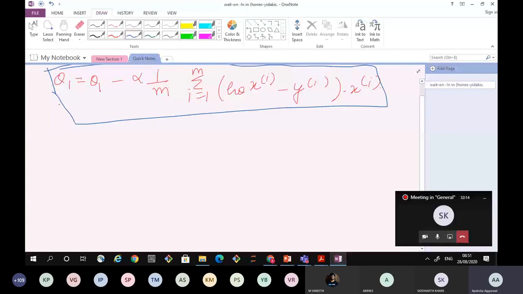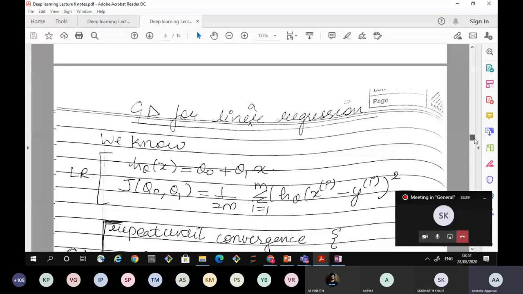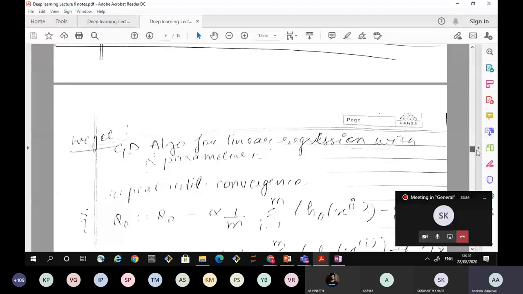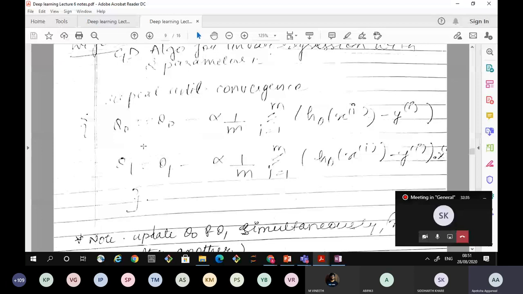Okay, so you'll see it in the notes as well. If you have gone through it, you'll find that. So the final gradient descent algorithm is this over here. Theta 1 is equal to theta 1 minus learning rate times 1 by m sigma i equals 1 to m of h theta x i minus y i, dot x i.